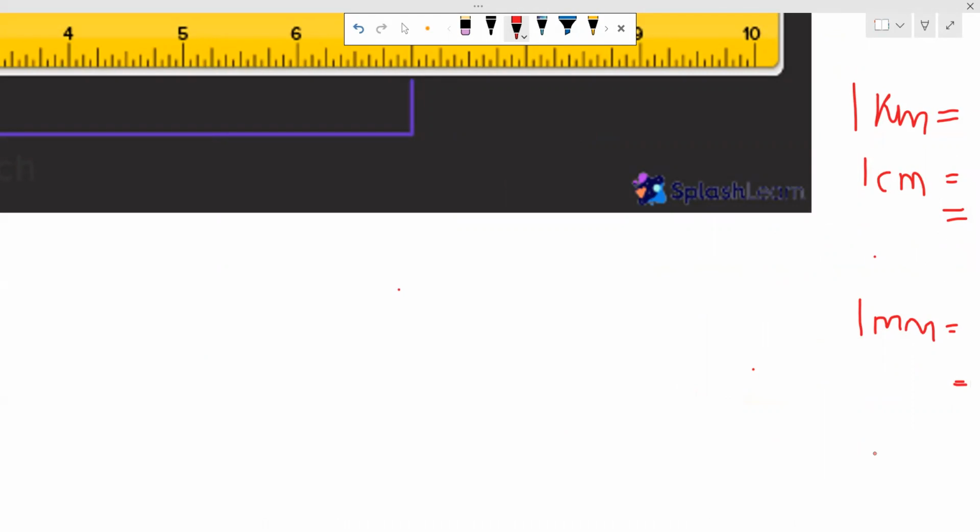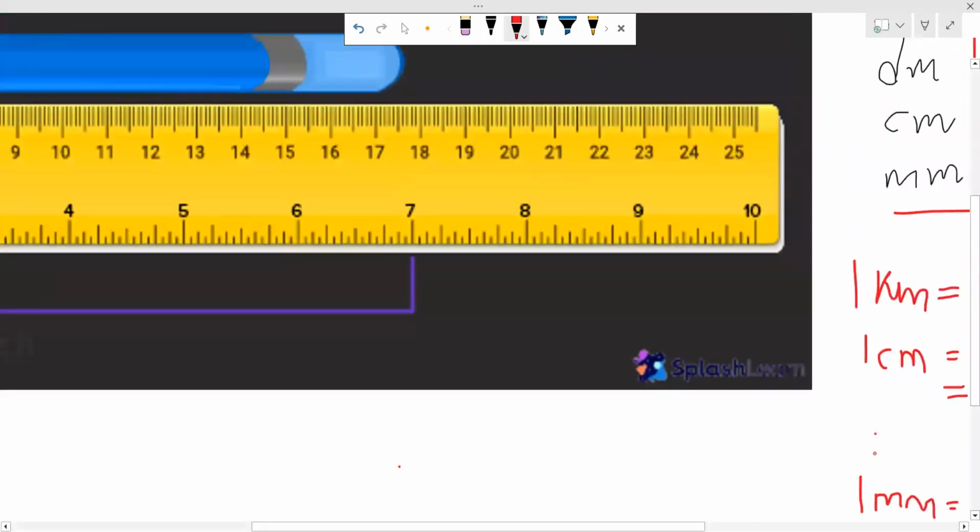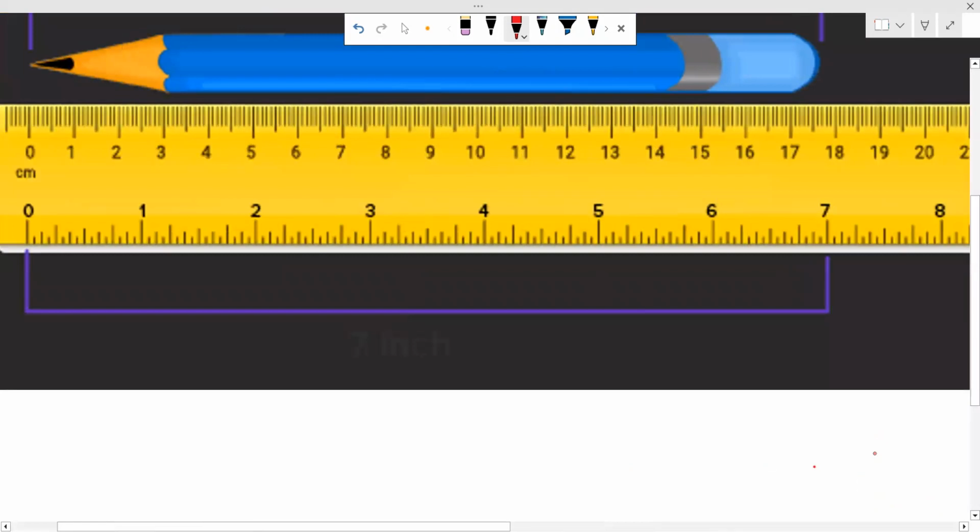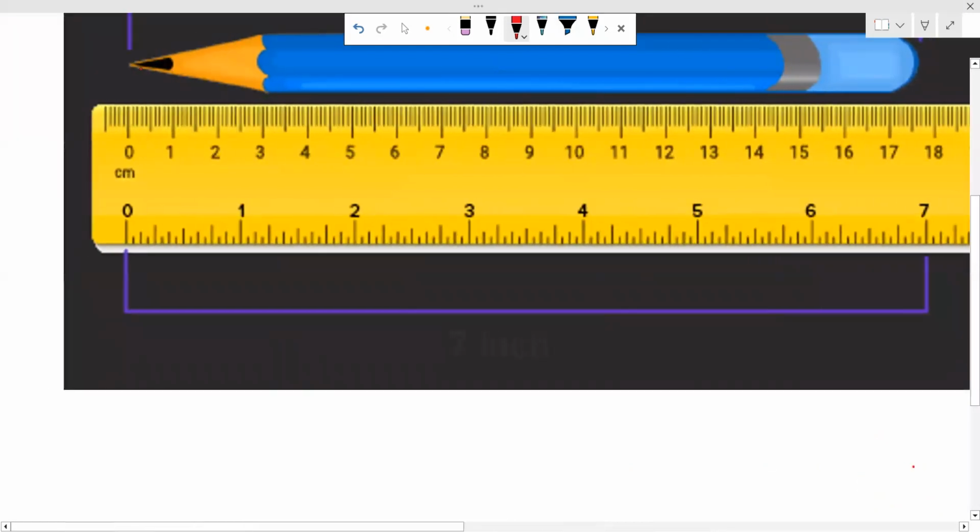How to use a ruler scale? Very easy. Suppose this is a pencil. You have to put the tip of the pencil at point 0.